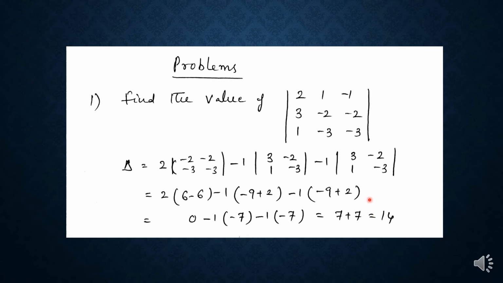So this is by using the Laplace expansion. Here we expanded the determinant according to the first row. If we take the second row, we will get the same value. For example, the second row: minus 3 into, because for this element we get its cofactor as minus. So take minus 3 into its cofactor, minus 3 into 1, minus 1, minus 3, minus 3.